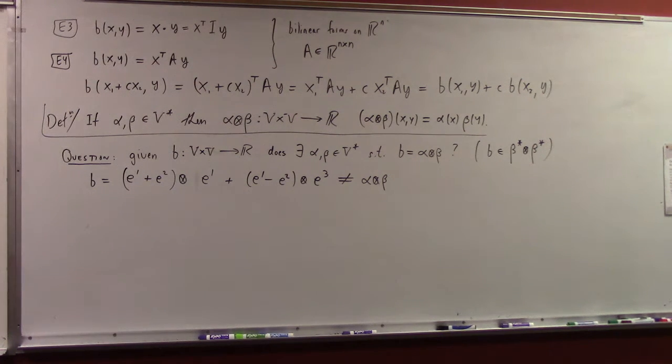So if we have a symmetric bilinear map, we're going to introduce the following notation.